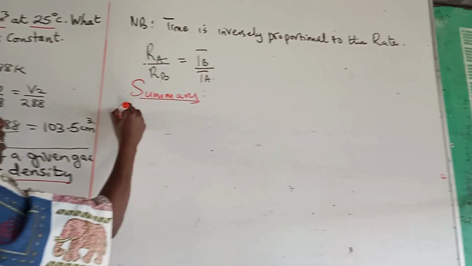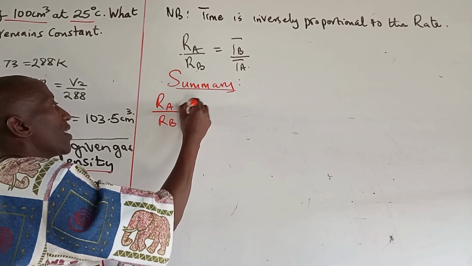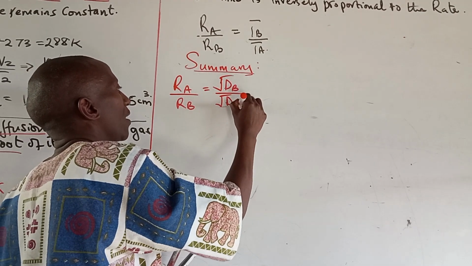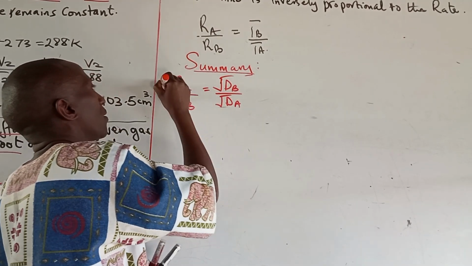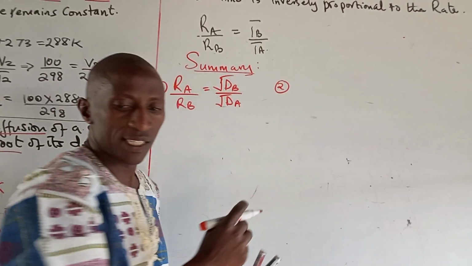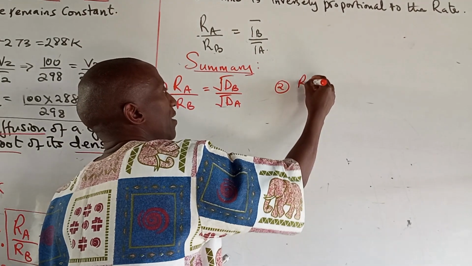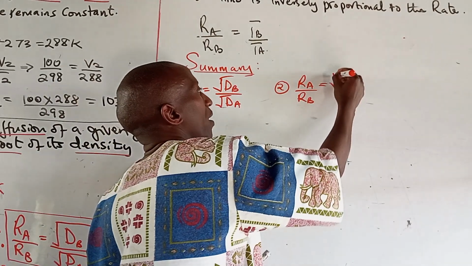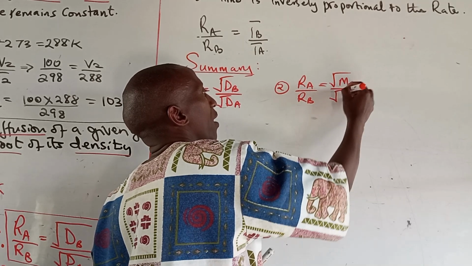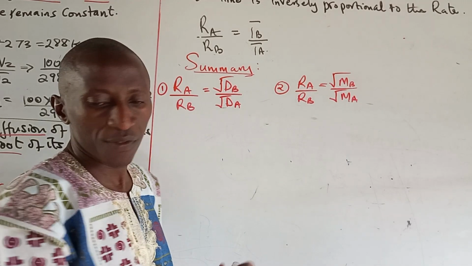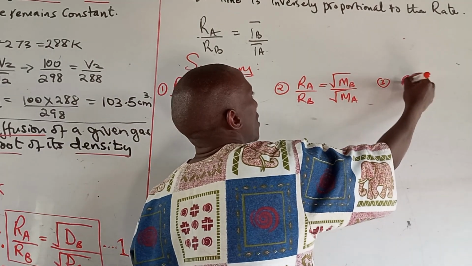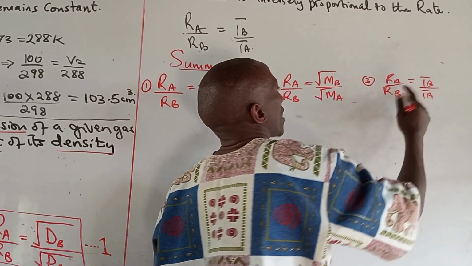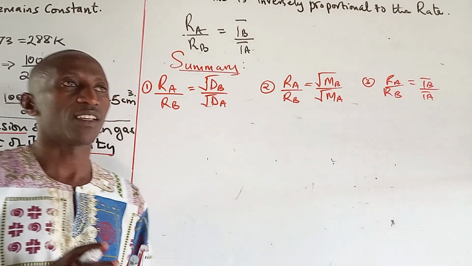In number one, we saw the rate of A over the rate of B is equal to the square root of the density of B over the square root of the density of A. In number two, we did see the rate of gas A being compared to the molecular mass, and that one is equal to the square root of the molecular mass of B all over the molecular mass of A. And in number three, we have seen how rate compares with time, and that is a very, very good summary.